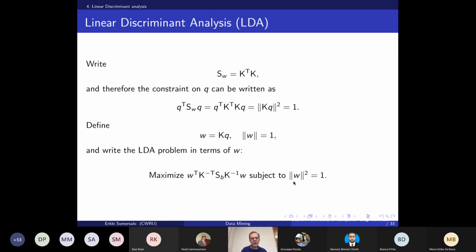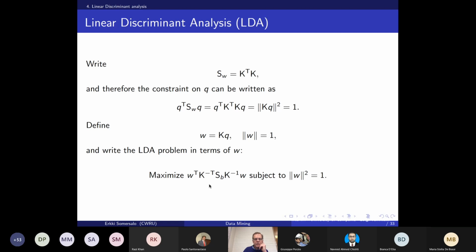You are looking for a direction in which this quantity here is being maximized, and so you can think that this is a function which is defined on the sphere of a ball in n-dimensional space, and so you try to find the maximum of that function. I don't know if this geometric picture helps you at all, but I like to think in terms of geometry usually, so that's what I have in mind.